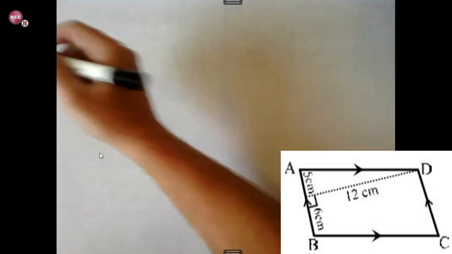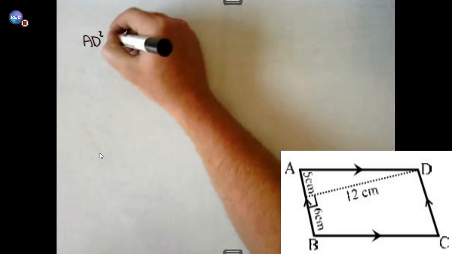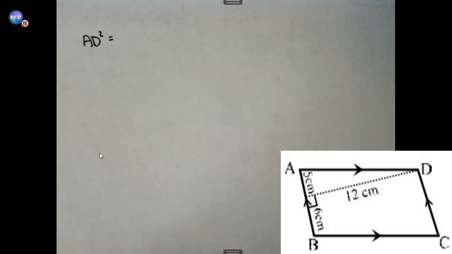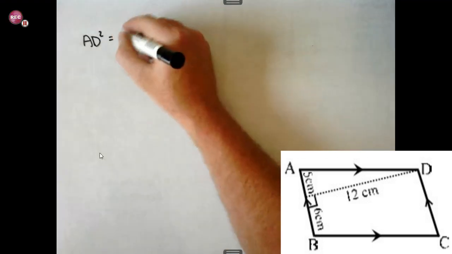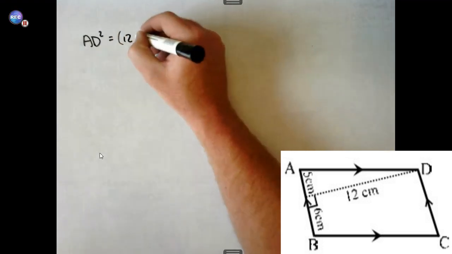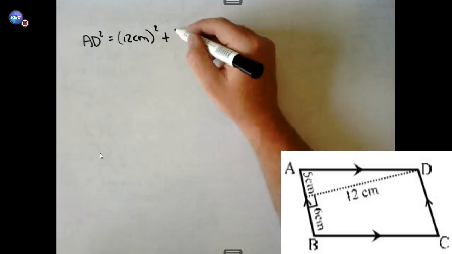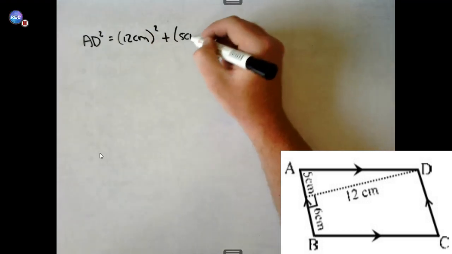So first things first, we need to calculate side AD. You need to keep in mind that AD is the hypotenuse. So we need to add 12 squared and 5 squared in order to give us the hypotenuse. So we've got 12 centimeters squared plus 5 centimeters squared.